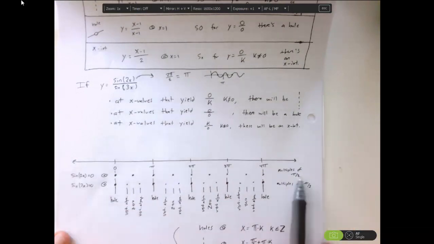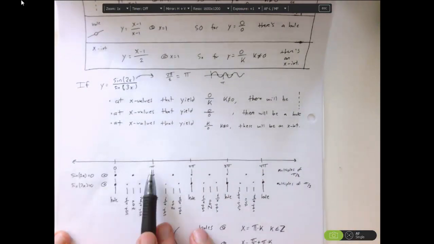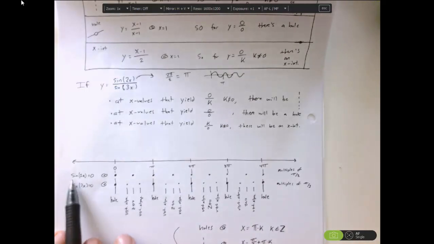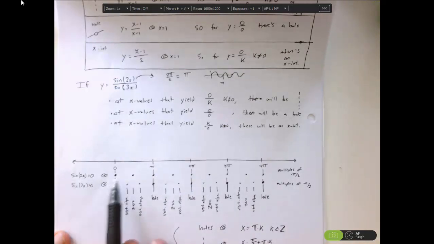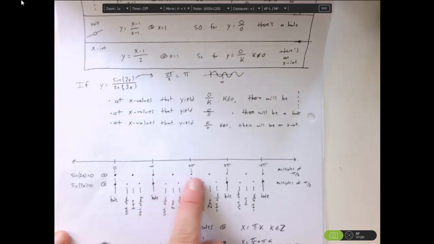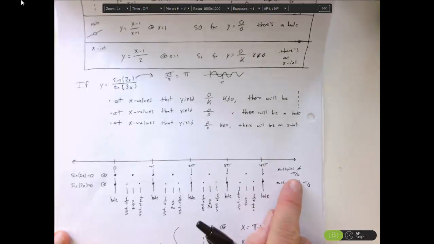So here's my number line. Here I've written 0, pi, 2 pi, 3 pi. And because I know what the period of sine 2x is, I'm going to write little dots every single time this function gives me 0. So at pi over 2, at pi, at 3 pi over 2, at 4 pi over 2, at 5 pi over 2, and so on. So all the multiples of pi over 2.